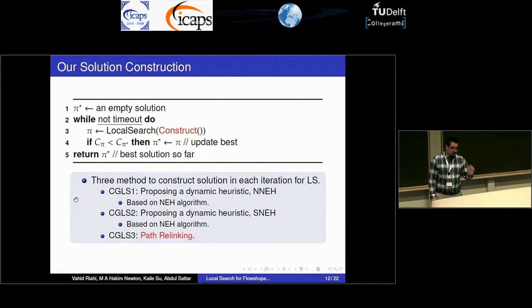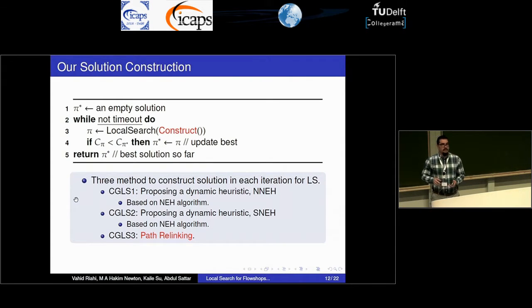Another part of our algorithm is the construct phase, or diversification phase. In the diversification phase, as I mentioned before, we try to create a different solution in a different area of the search space to escape from strong local optima.